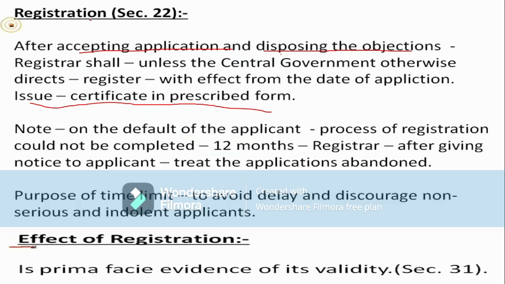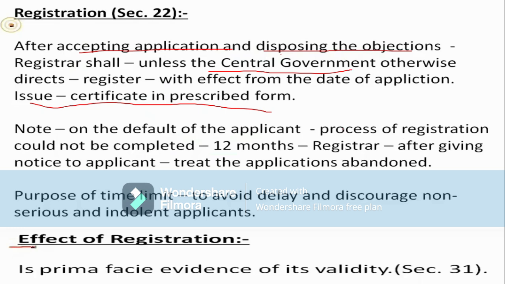If the central government directs not to issue the certificate, it will not be issued; otherwise the registrar will issue the certificate in prescribed form to the applicant regarding the trademark.